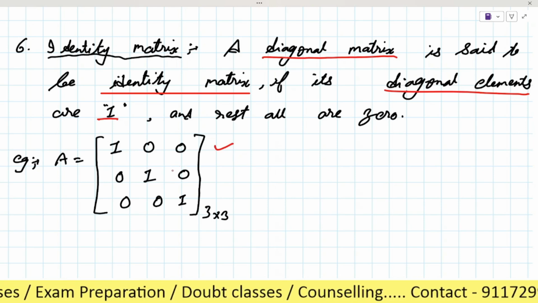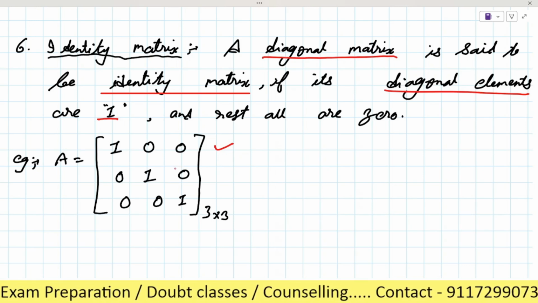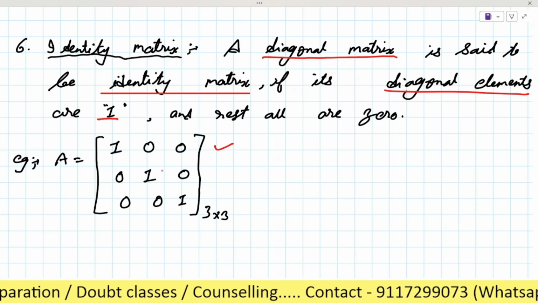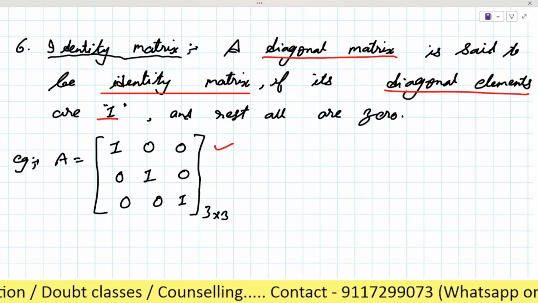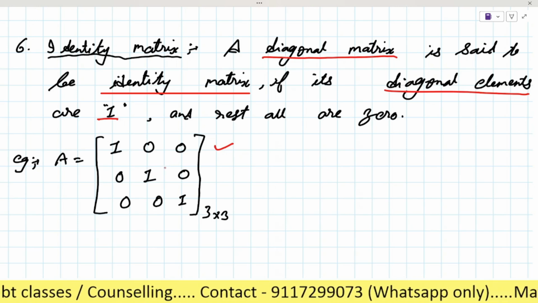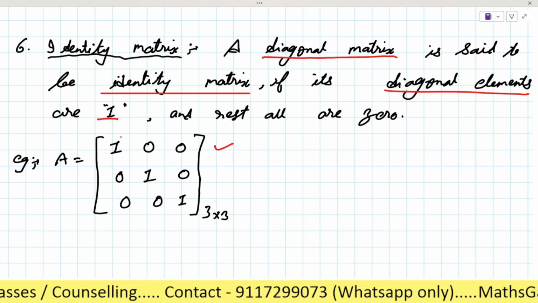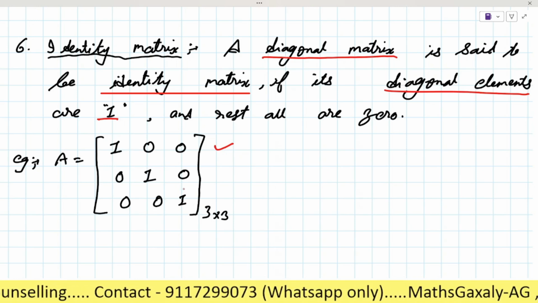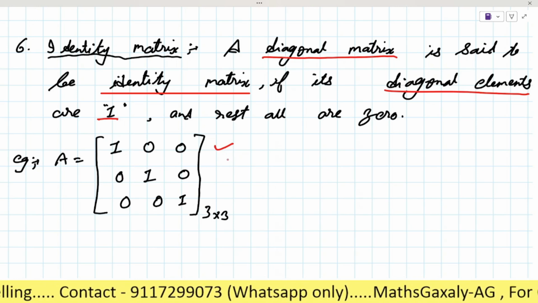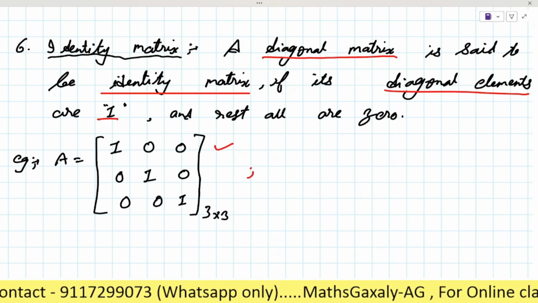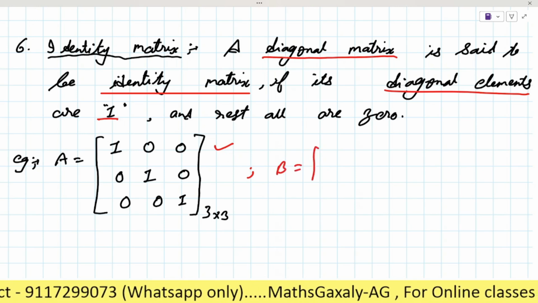Ultimately we can say that every identity matrix is a square matrix, every identity matrix is a diagonal matrix, and every identity matrix is a scalar matrix, because as you can see, the diagonal elements are equal. But the reverse may or may not be true. Is it clear?